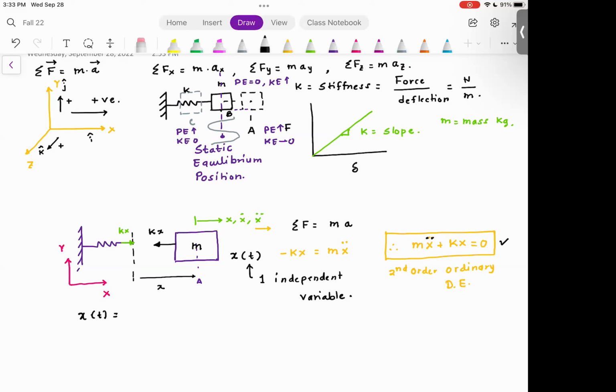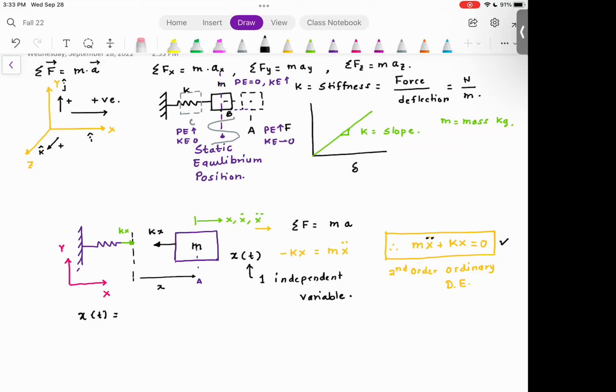If you look at the dynamics, the total energy is going to remain constant, which means the kinetic energy will get converted to potential energy, which will get converted into kinetic energy, but the sum of kinetic energy and potential energy is going to remain constant. Do you agree with me? That's what is causing this mass to vibrate.